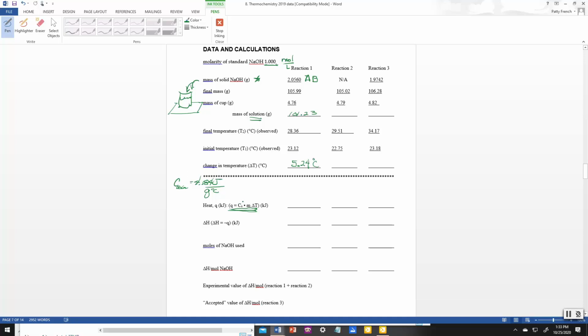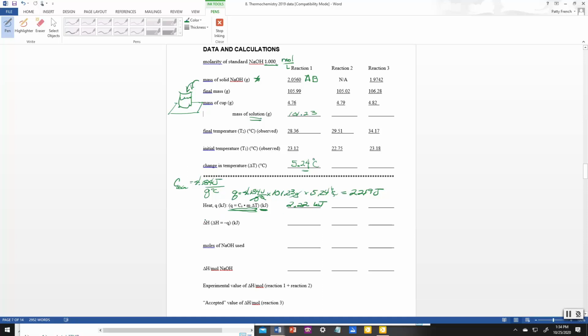So if you went ahead and plugged in 4.184, and the mass, which was 101.23 grams, grams cancel, and the temperature change, 5.24 degrees Celsius, that cancels, we ended up with, in kilojoules, 2,219 joules, which is 2.2, using proper sig figs, 2 kilojoules.